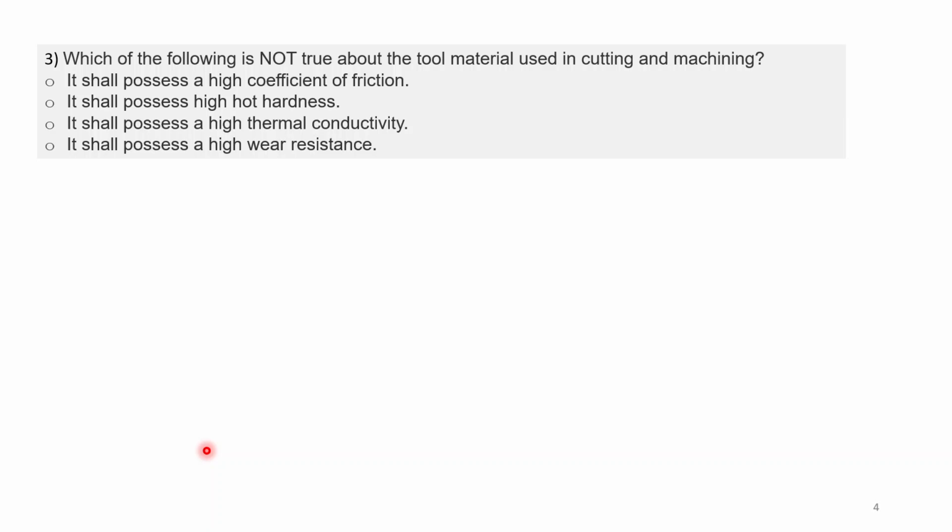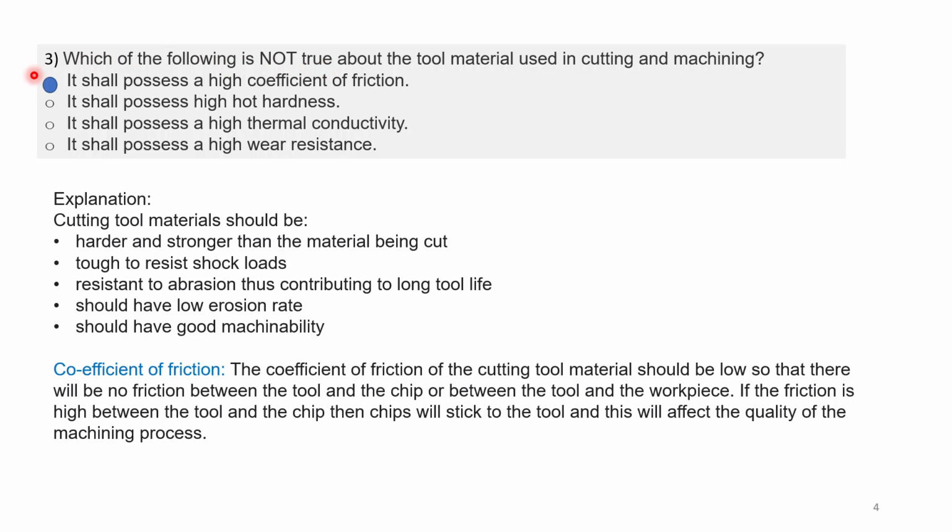So which one is not true? In the case of your tool material, it should have a low coefficient of friction, so that there is less friction between the tool and your specimen, and so less wear of the tool. So the first one is the incorrect one.